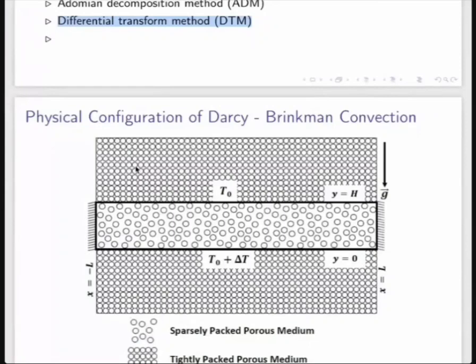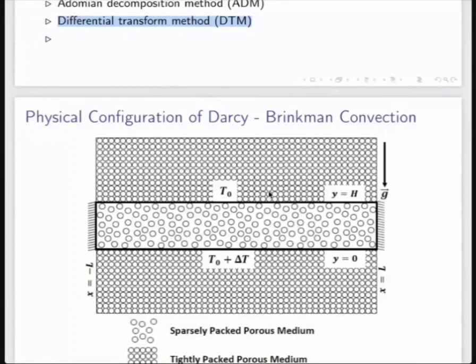Okay, so let me spend some time for those who are not from the fluid mechanics background, so that they can understand how this problem is arising and how we are going to handle that problem.